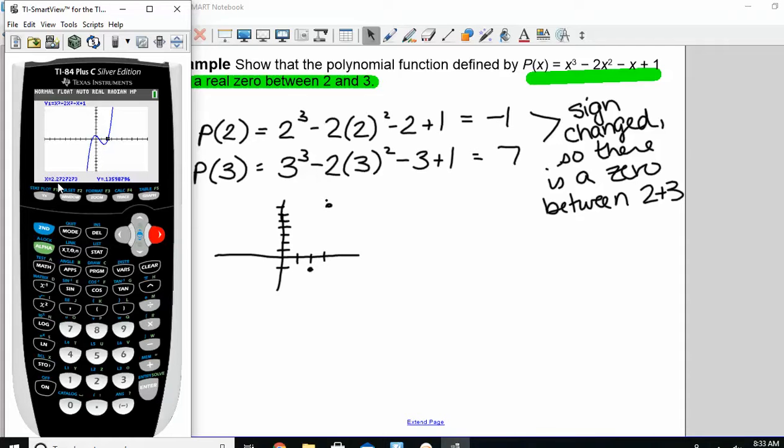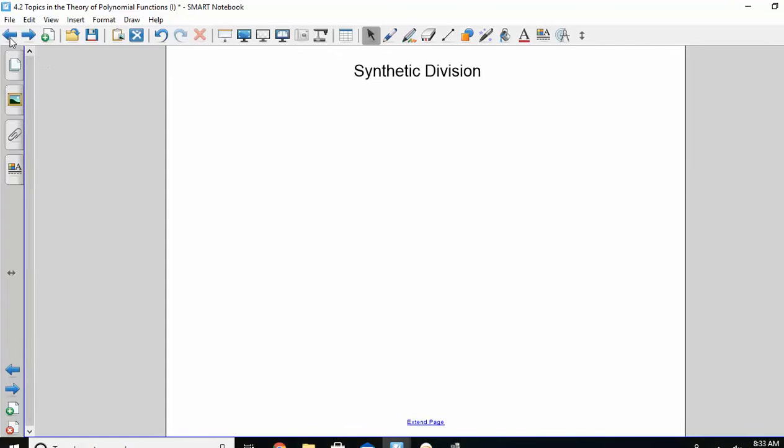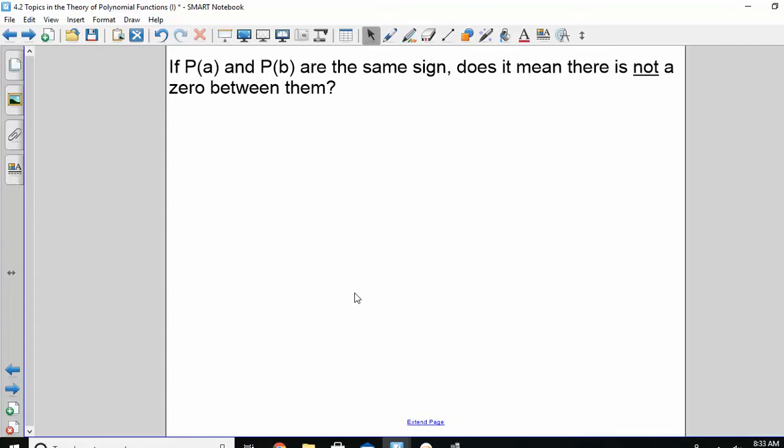So here's a question for you then. If you plug in 2 values and you get the same sign, does it mean there is not a 0 between them?